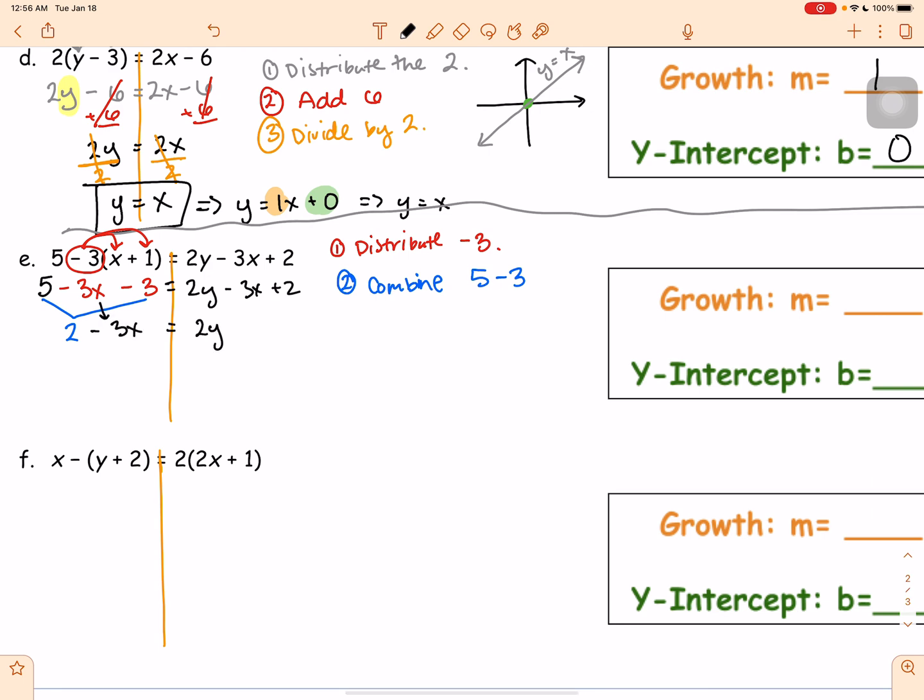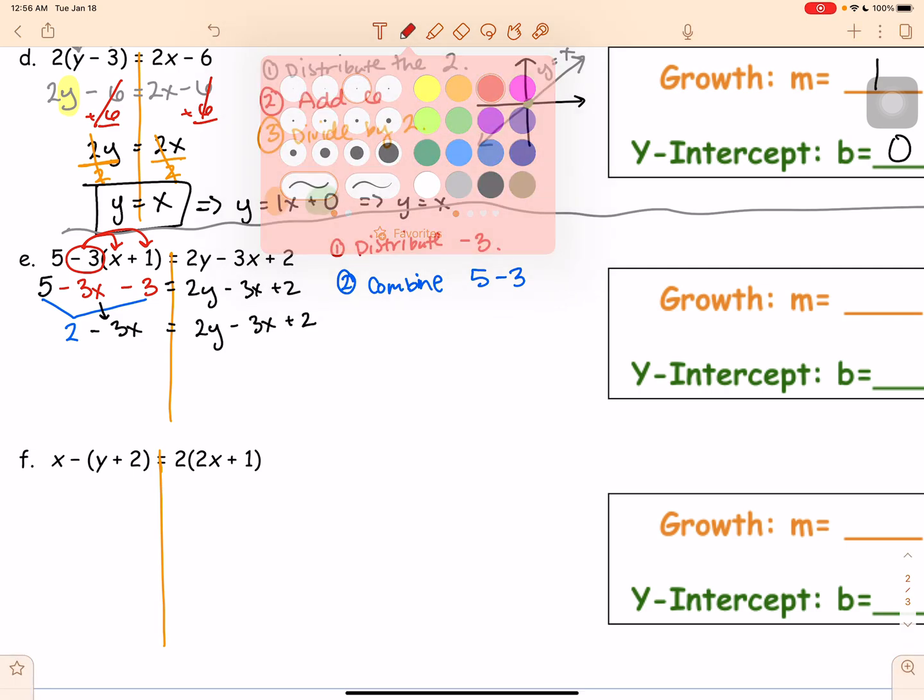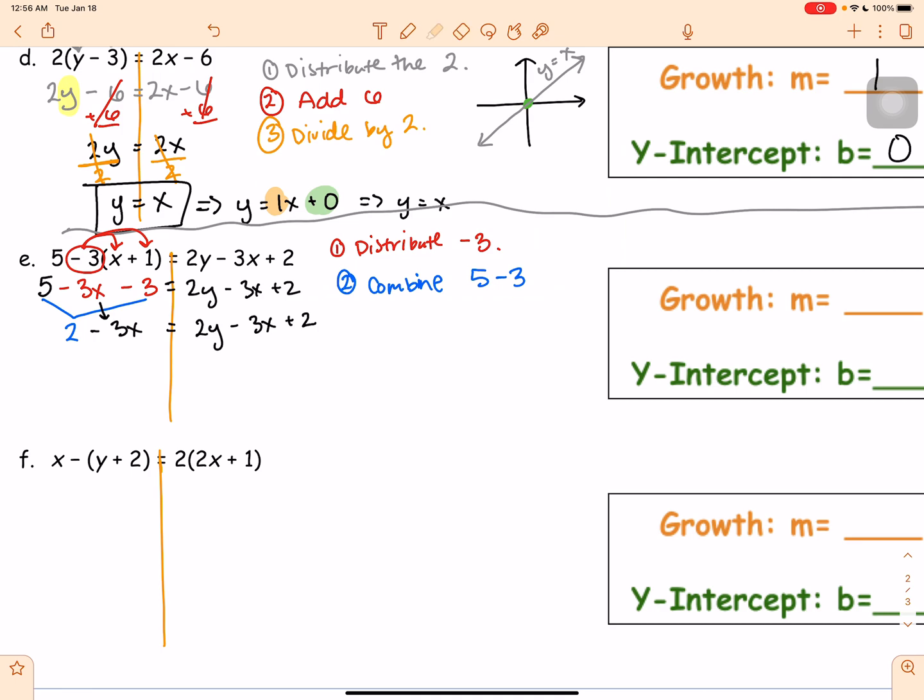Equals 2y minus 3x plus 2. This one's going to be a tricky one. All right, so I'm just going to start moving things around. I noticed that the y is on the right-hand side, so I'm just going to leave it on the right. So I'm going to move everything else away from the right. So here, first of all, I see that 2, so I'm going to write subtract 2. So right here, minus 2, minus 2.